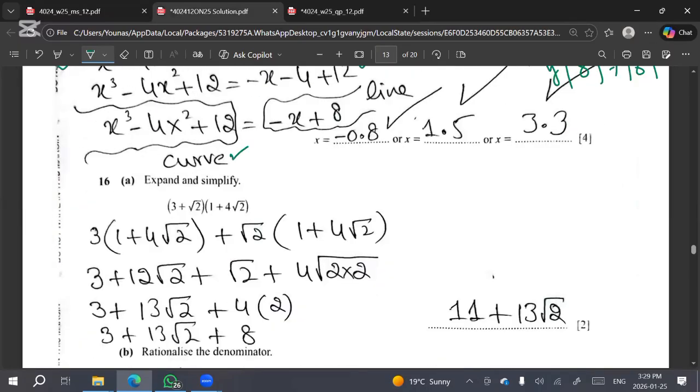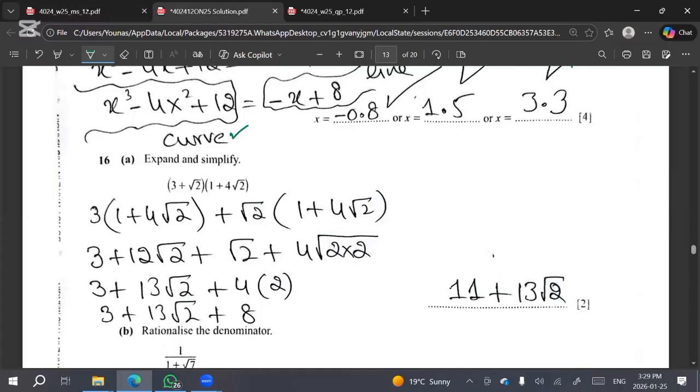So here we have two brackets which are multiplying with each other. The 3 will multiply with the second bracket, and then plus under root 2 will multiply with the second bracket. So you will get 3 plus 12 under root 2 plus under root 2 plus 4 under root 2 multiplied by under root 2. Because this becomes a pair, it will come out and get rid of the radical sign.